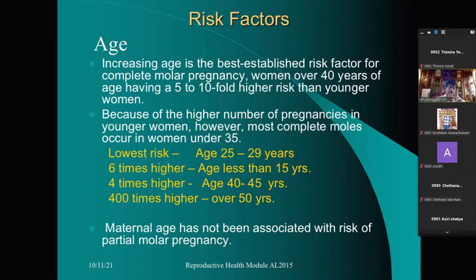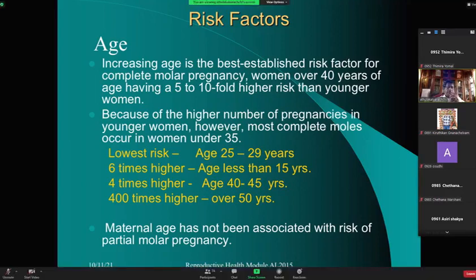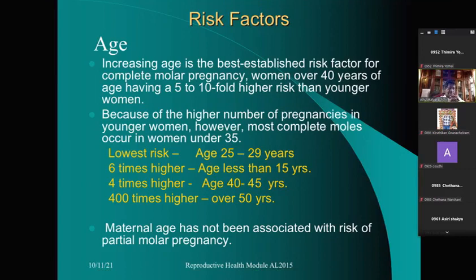But if you are going beyond the age of 40, the risk gradually goes to about 5 to 6 times higher. And if you are 50 and beyond, the risk is extremely high. This is mainly for hydatidiform mole, which mostly are complete.